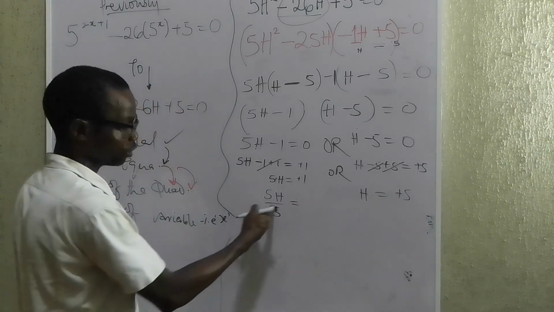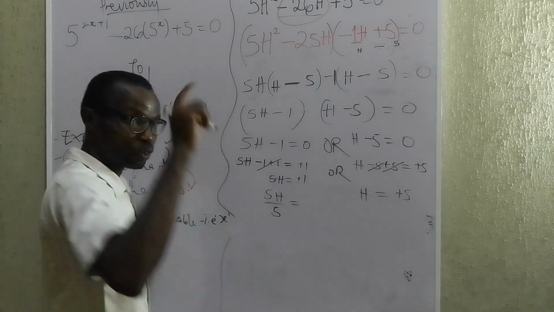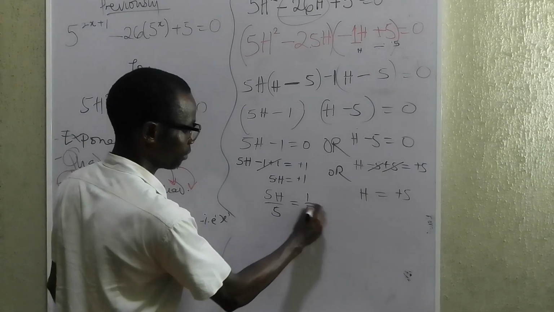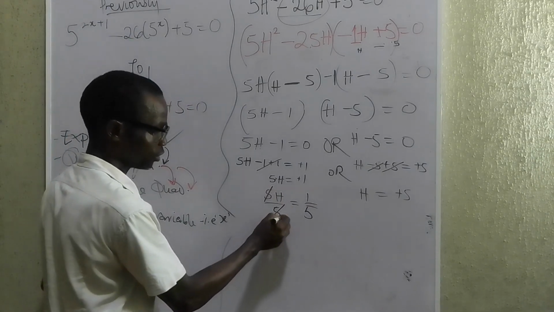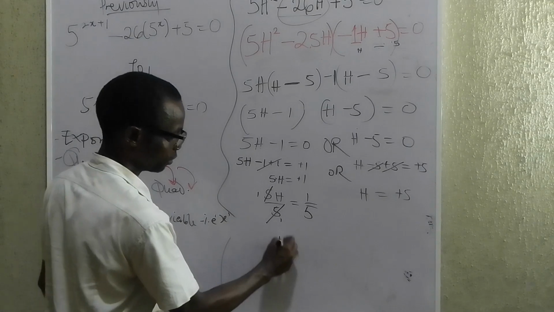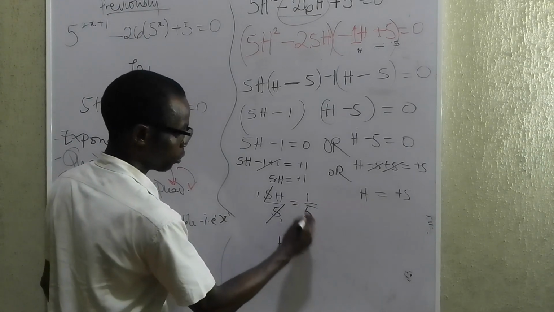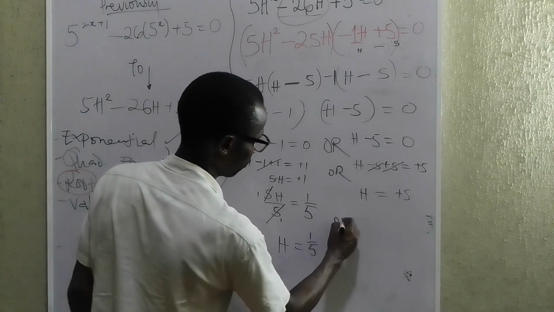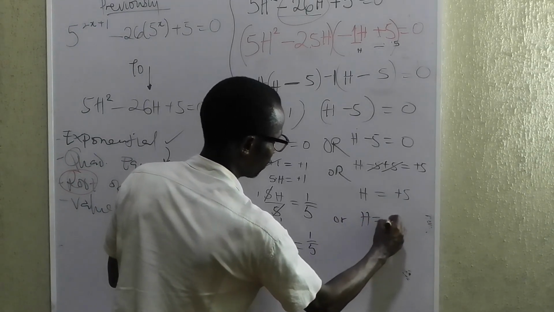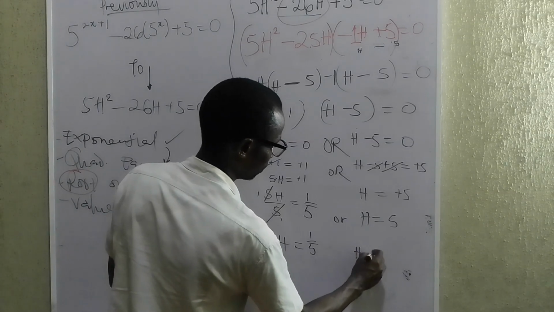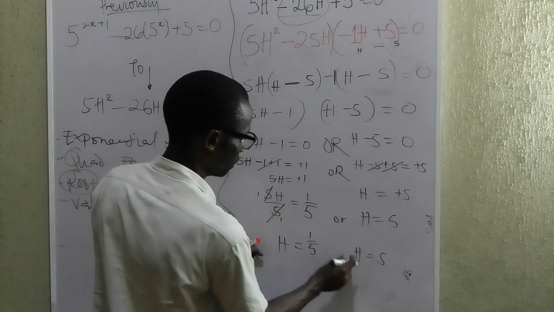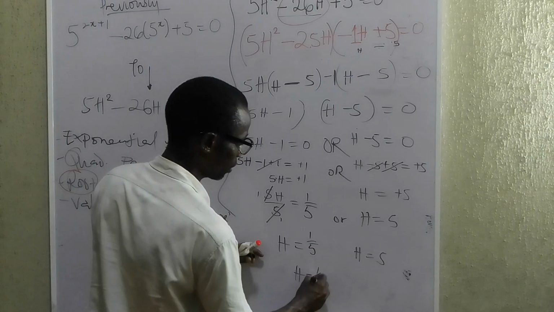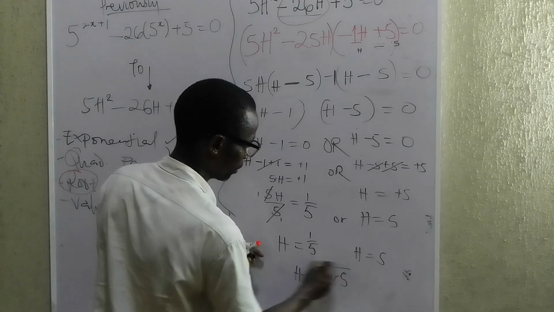We're doing that so that this will kill, in quotes, this, and then h will remain alone. So h is equal to 1 over 5, or h is equal to 5.